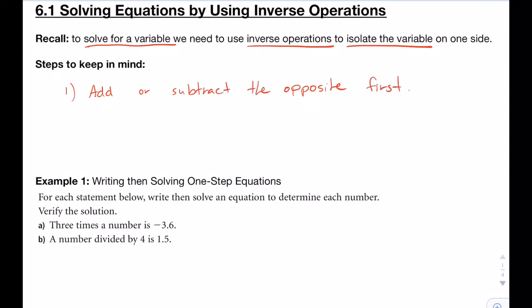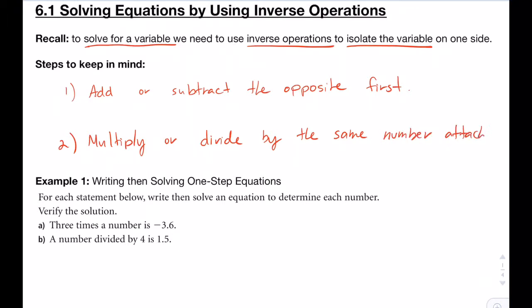And second, you want to multiply or divide by the same number attached to the variable, also known as the coefficient, which is what we talked about earlier in the polynomials unit.